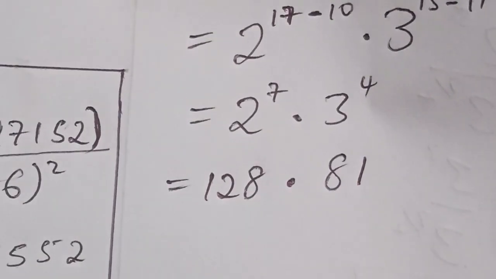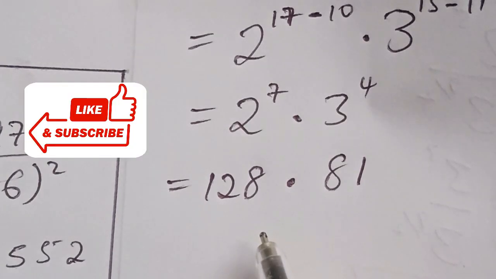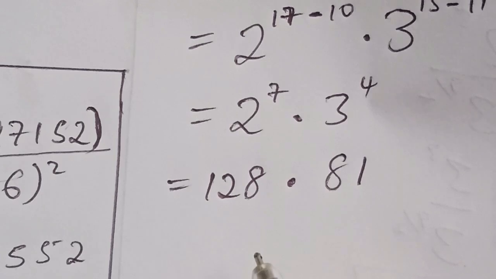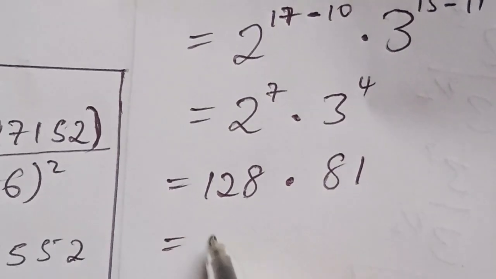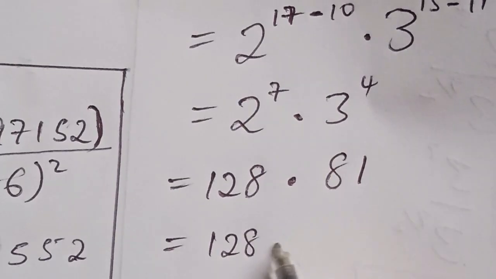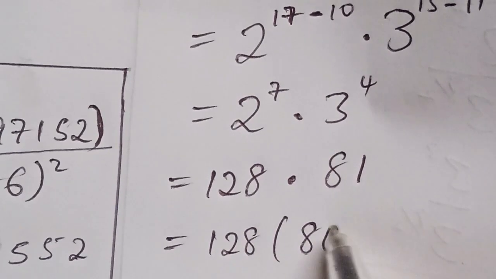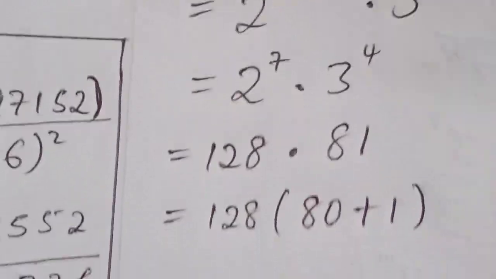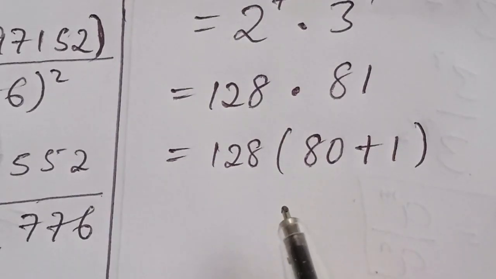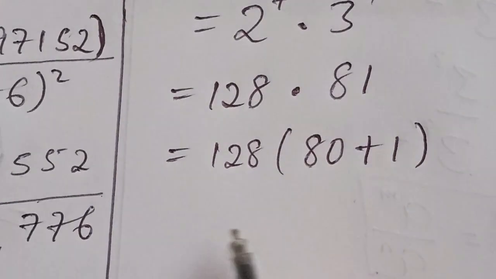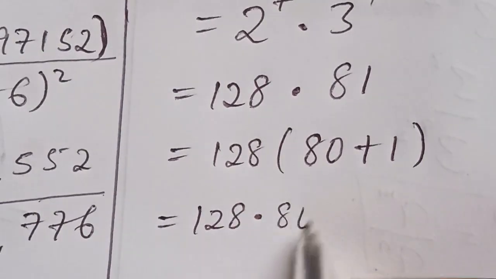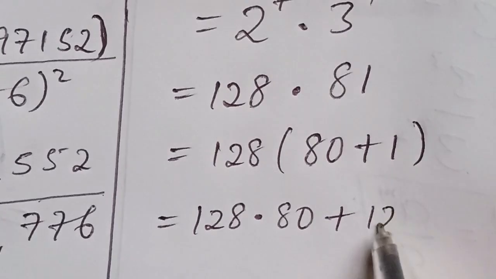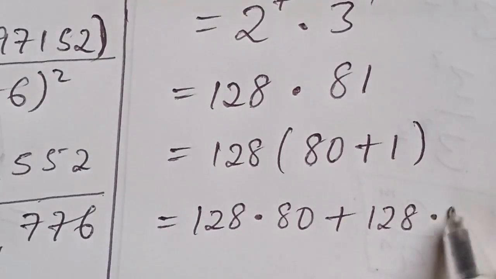Now here, we can split this as 128 into bracket 80 plus 1. So here we have 128 multiplied by 80 plus 128 multiplied by 1.